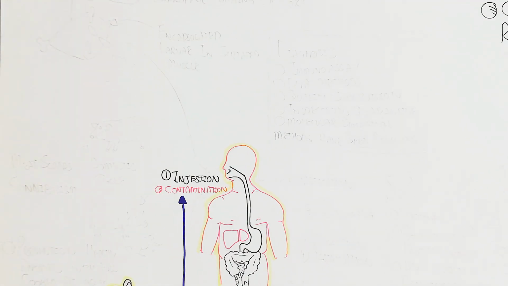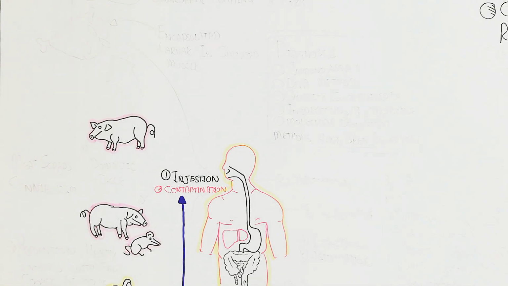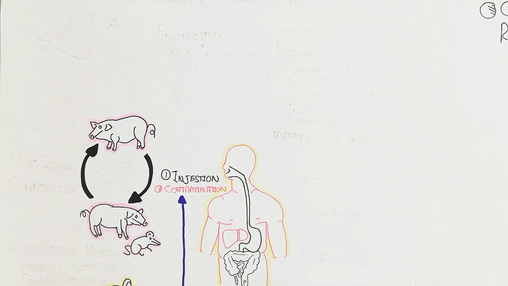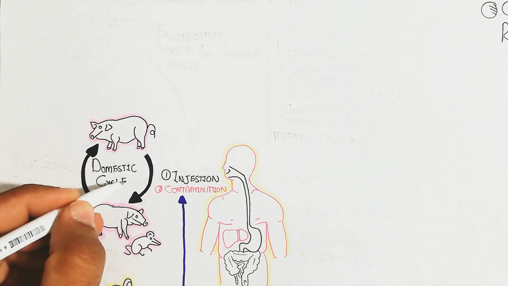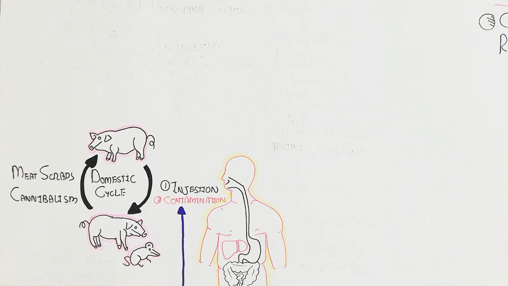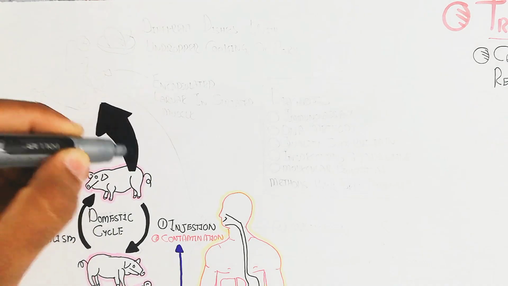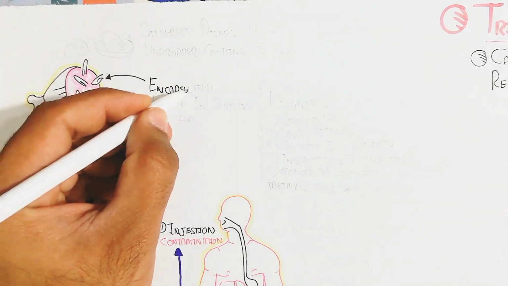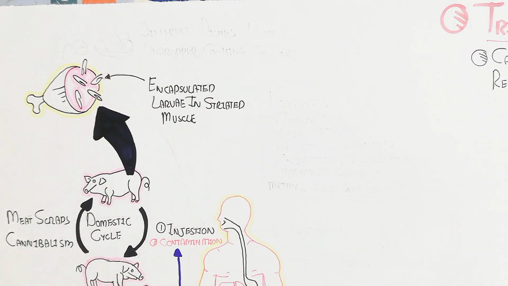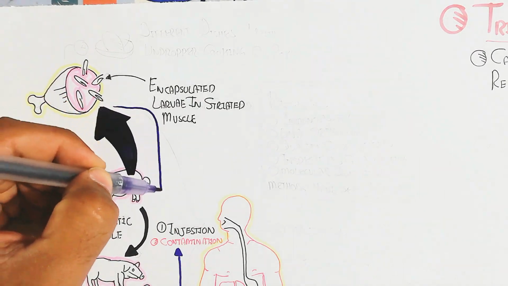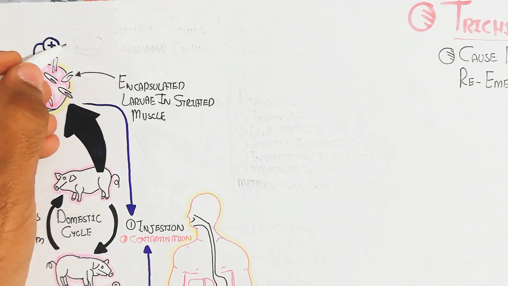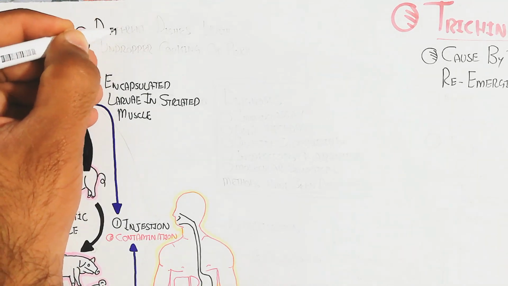On the other hand, pork, the pig meat, is also part of the domestic cycle, which also involves mice, meat scraps and cannibalism. The domestic cycle produces encapsulated larvae in striated muscle, and in this way you can understand that different dishes with improper cooking of pork will cause this infection when we ingest it.